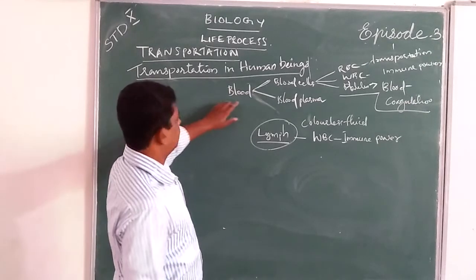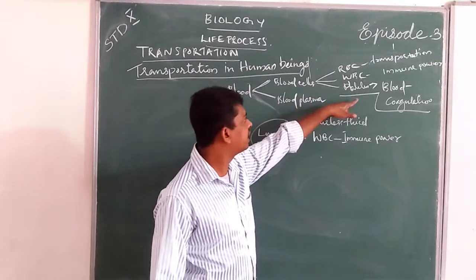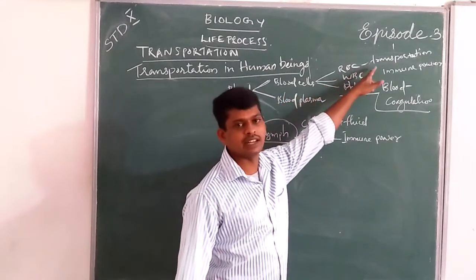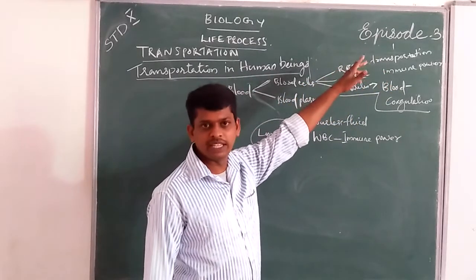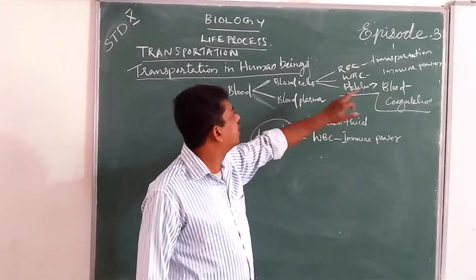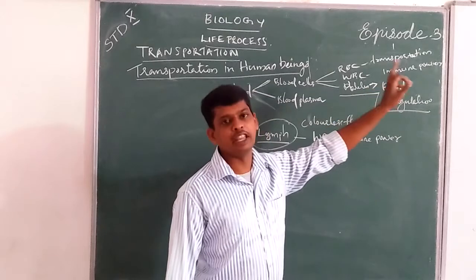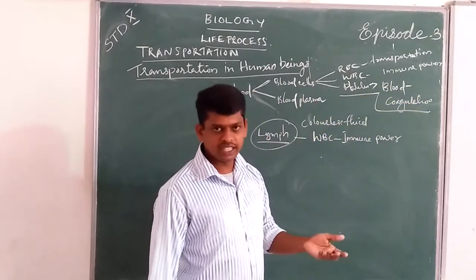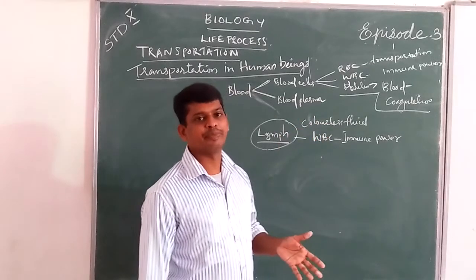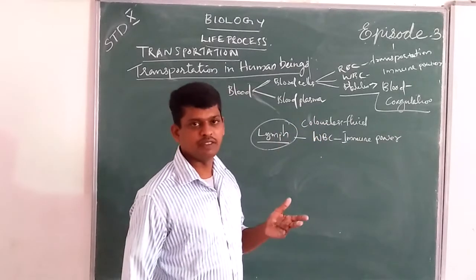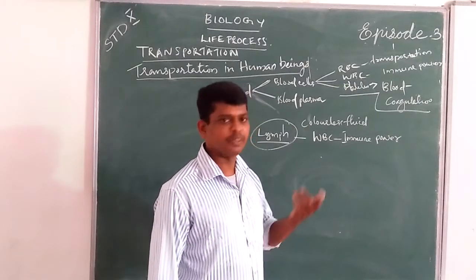Okay. Then blood has blood cells. The three blood cells are here: RBC, and the WBC, whose function is providing immune power. We already know there are 5 types of WBCs: monocyte, lymphocyte, neutrophil, eosinophil, and basophil.